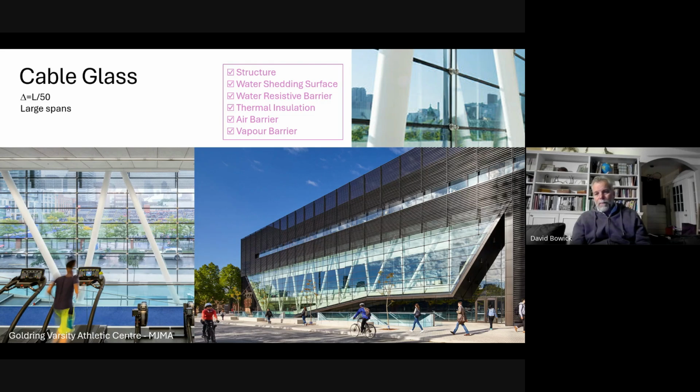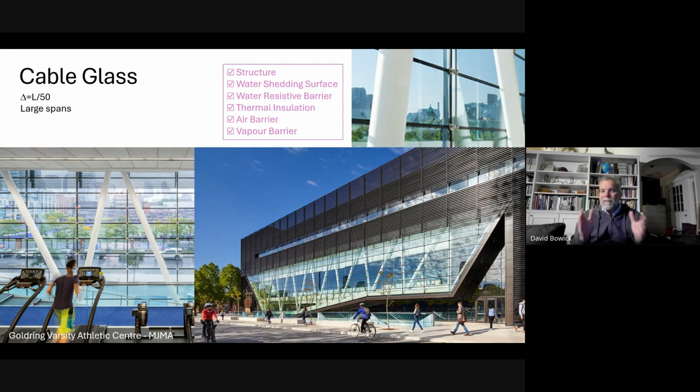So here we have a 10-meter tall wall at the tallest point, or maybe even 12 meters tall. I think it was 12 meters tall at the high point. The anticipated movement of that cable was 240 millimeters. So we need as much space as though it were curtain wall, or close to as much space as though it were curtain wall.